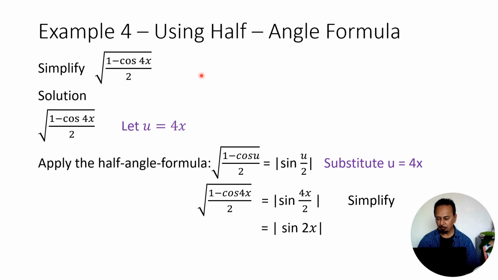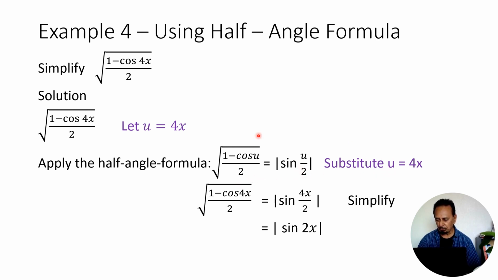So here is example 4. It's using the half angle formula. Simplify the square root of (1 minus cosine 4x) over 2. In the square root of (1 minus cosine 4x) over 2, we can let u equal 4x. So it looks like we can apply the half angle formula. The square root of (1 minus cosine u) over 2 is the absolute value of sine u over 2.